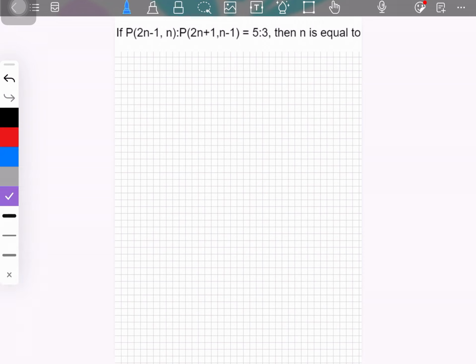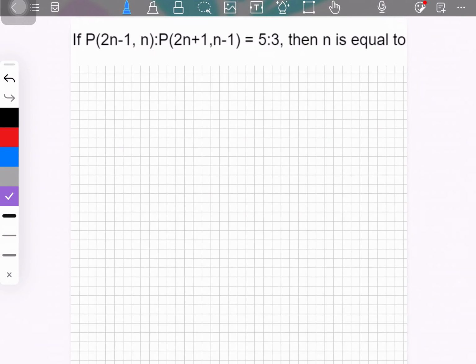Yeah, let's go. So let's apply the formula that we just saw. The first one would be 2n minus 1 factorial over 2n minus 1 minus n factorial.